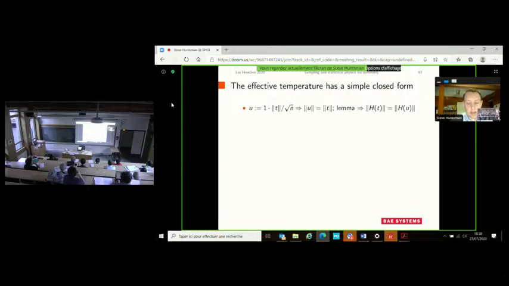Once we have that in hand, we can get a closed form for everything. I'll define U to be this vector of all ones that's suitably normalized, so that this equality holds. That lemma means that these two norms equal each other. It maps portions of spheres to portions of spheres.